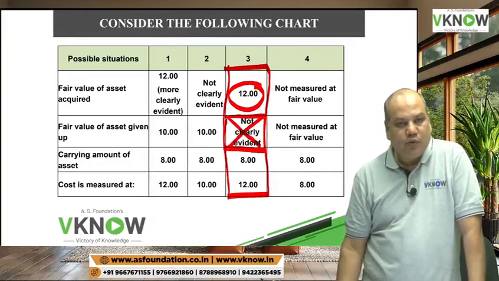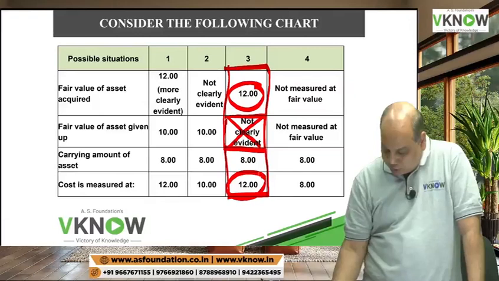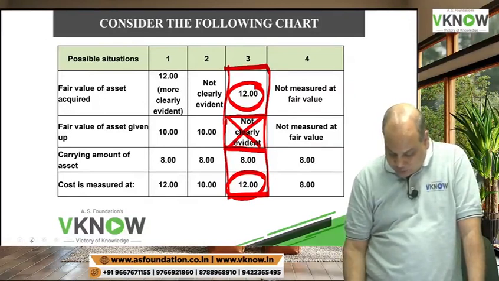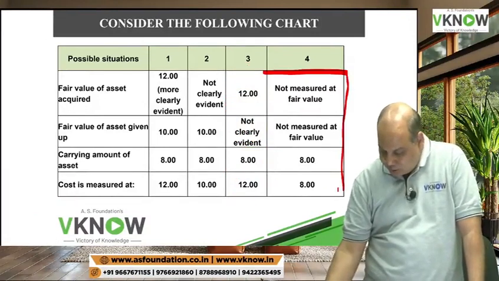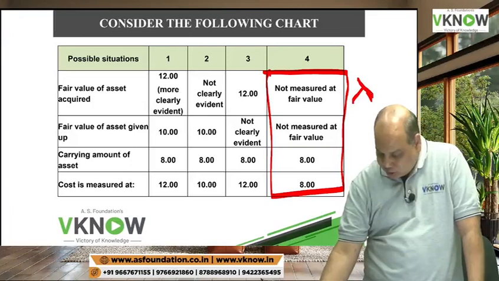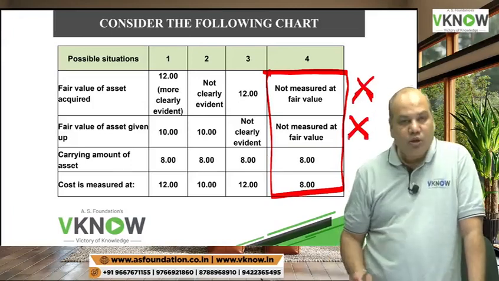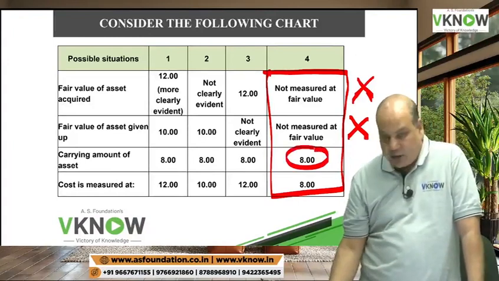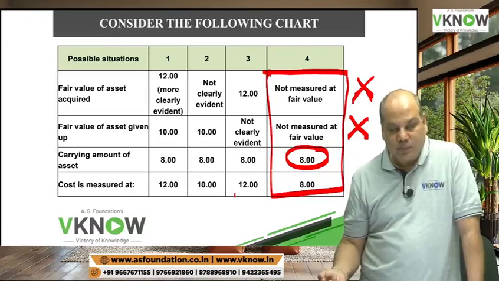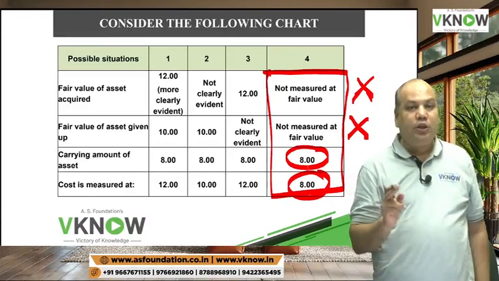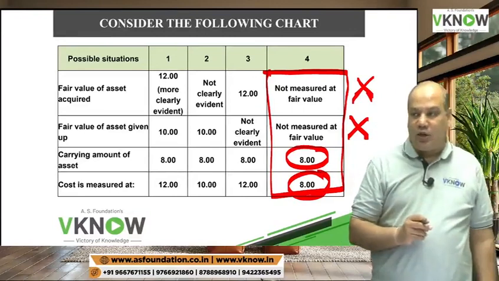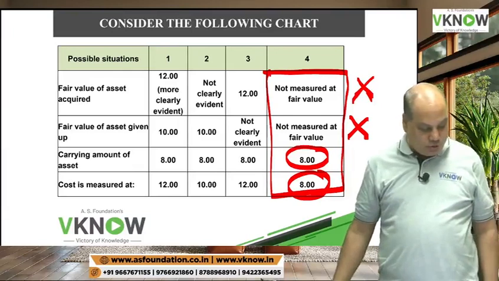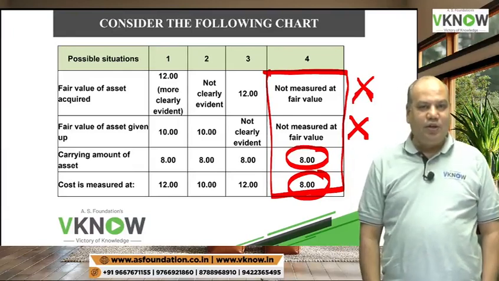So at least one of the two is available. I will record the new asset acquired at 12 lakh. Last case, case 4. Both are not available. If both are not available, then the carrying amount of the asset given up will become the deemed cost of the asset acquired.